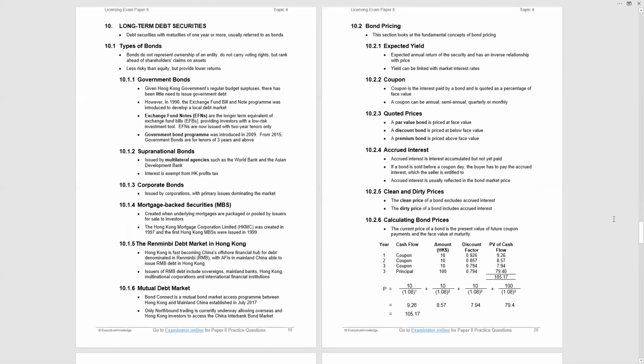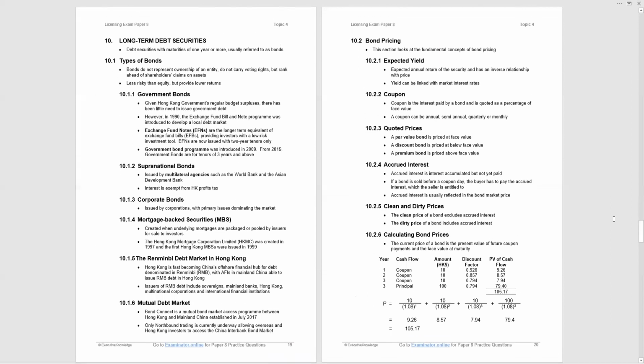Moving on to long-term debt securities. Different types of bonds. Now, bonds are long-term. Bonds are securitized debt. It is borrowing from the markets. Different bonds that we're given here, government bonds.